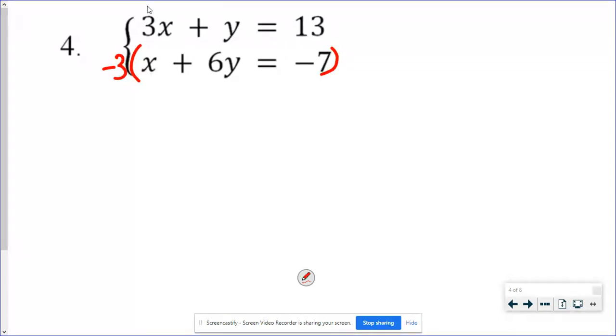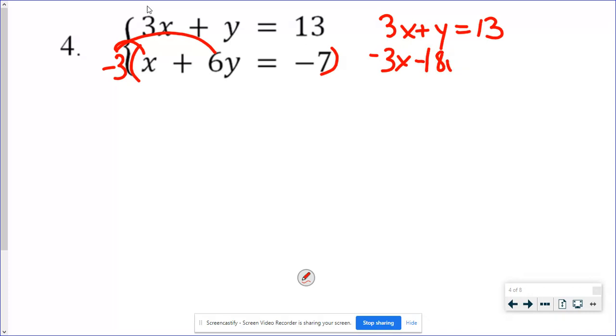And then remember, I have to distribute to everything. This time I can't just move that one and make it line up nicely. I'm just going to rewrite this one. So I'll have 3x plus y equals 13. And when I distribute negative 3x, negative 3 times 6y is going to be a negative 18y.